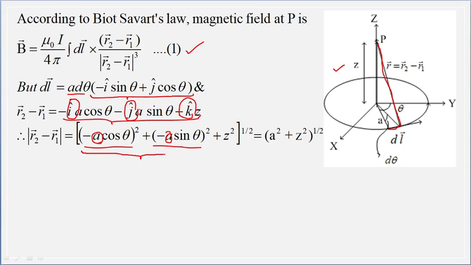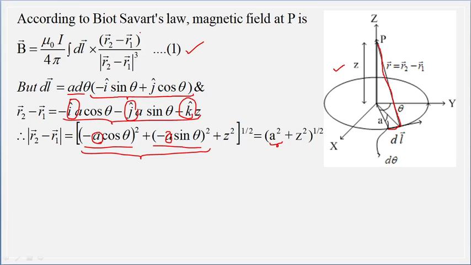So this term turns out to be a square. Now this bracket turns out to be a square plus z square, raised to half. So modulus of vector r2 minus vector r1 equals a square plus z square raised to half. And that is what we want.